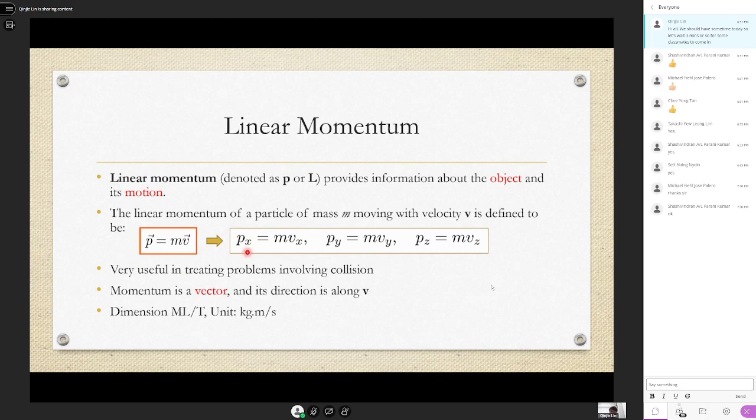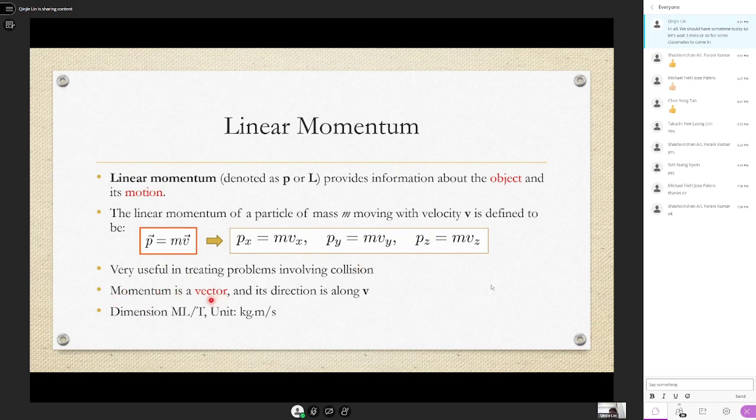For linear momentum, we can also write it out in different directions. So in the x direction, you can write one using the velocity in the x direction, and the same for y and z. Mass, of course, will be the same. It is very useful in treating problems involving collision, which we'll see soon.